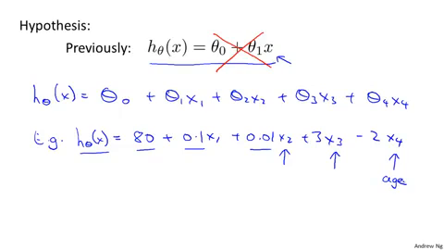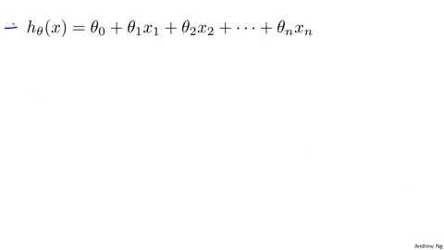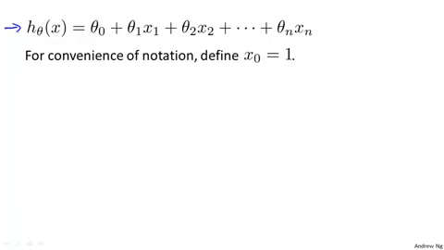age of the house. Here's the form of our hypothesis rewritten on this slide, and what I'm going to do is introduce a little bit of notation to simplify this equation. For convenience of notation, let me define x subscript 0 to be equal to 1.